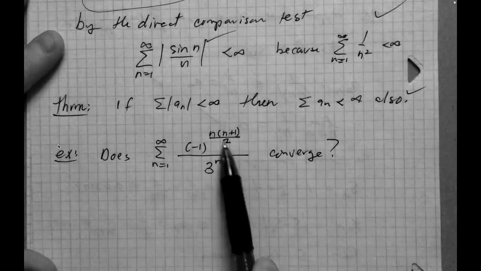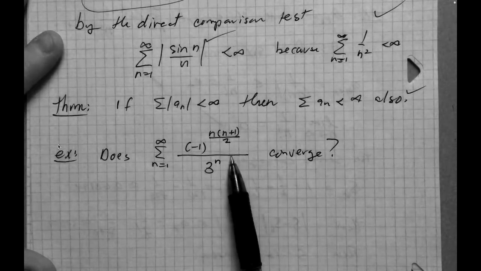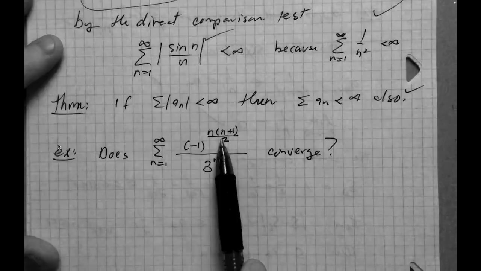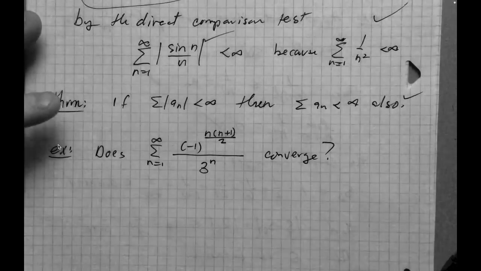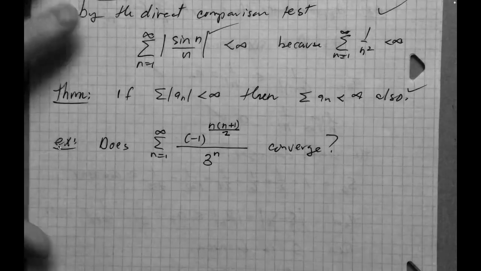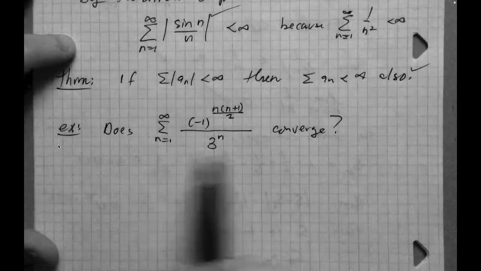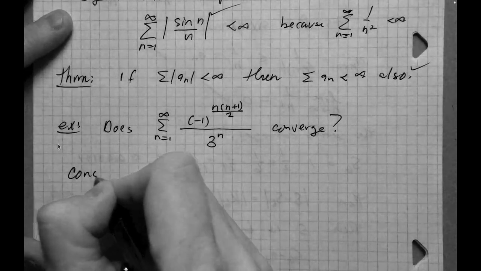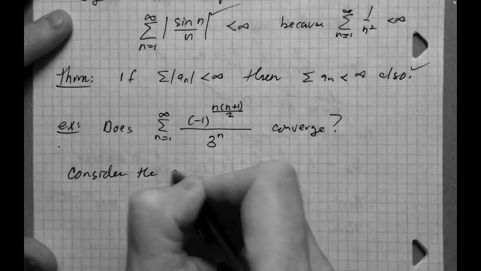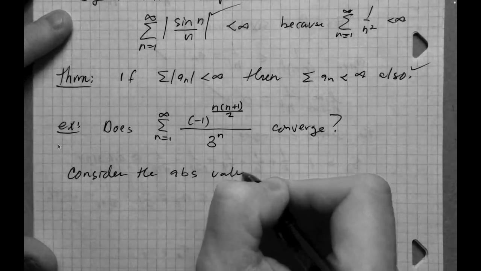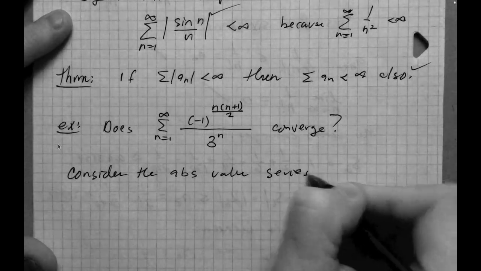If you take away this exponent, this is straightforward, but the fact that you've got this crazy exponent up here creates a lot of problems. So let's consider the absolute value series.